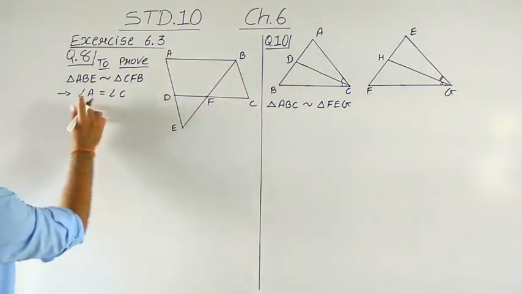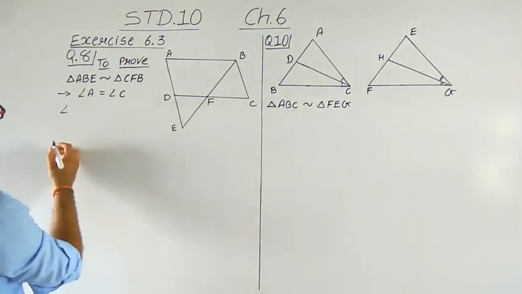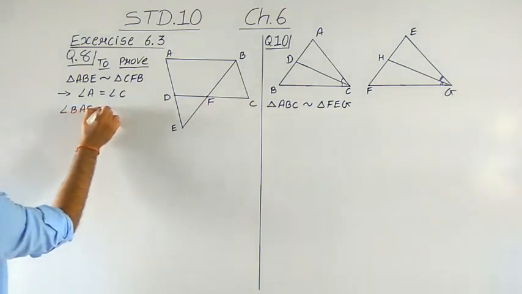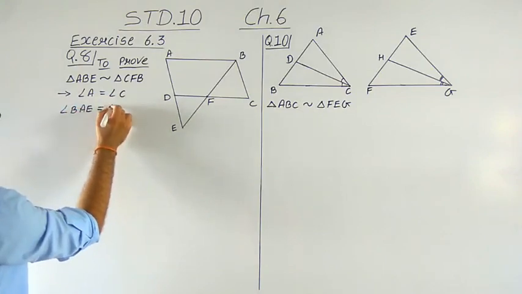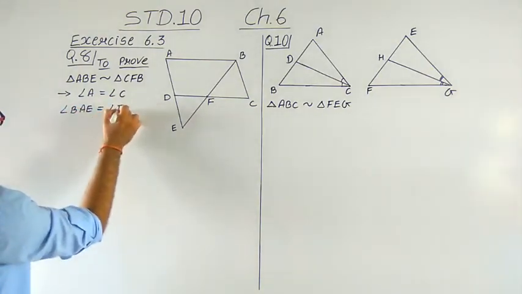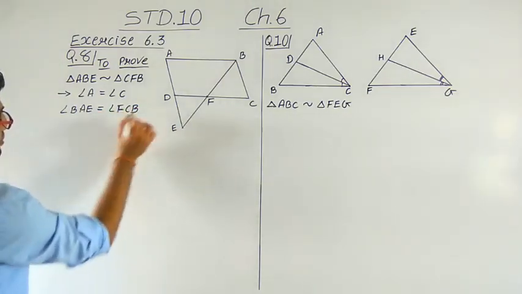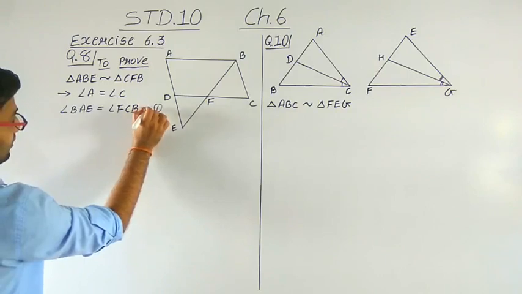Right? So we can write angle A as angle BAE, and angle C as angle FCB. So let us give this equation number 1.